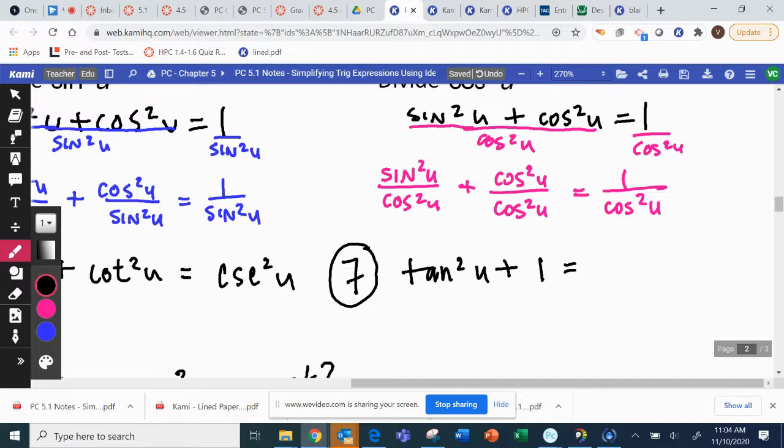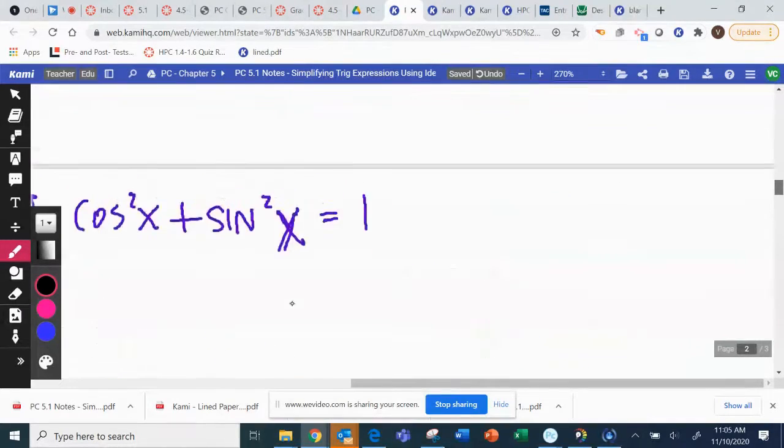And Tyus, can you tell me what 1 over cosine squared u would equal? Not sine.